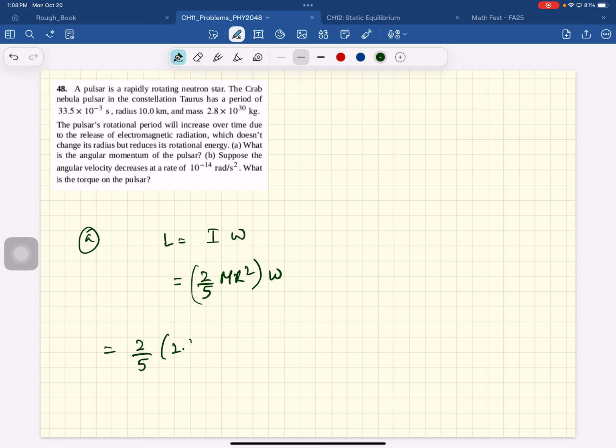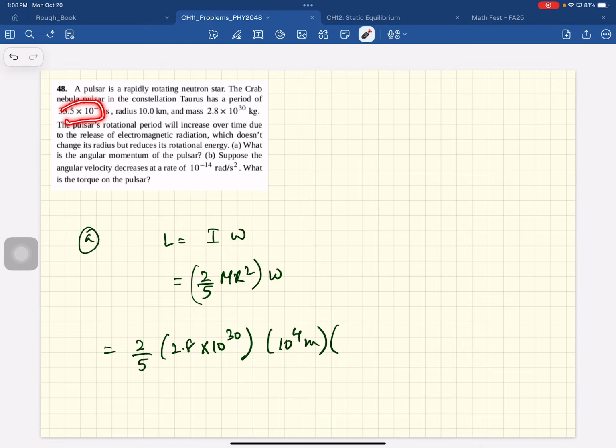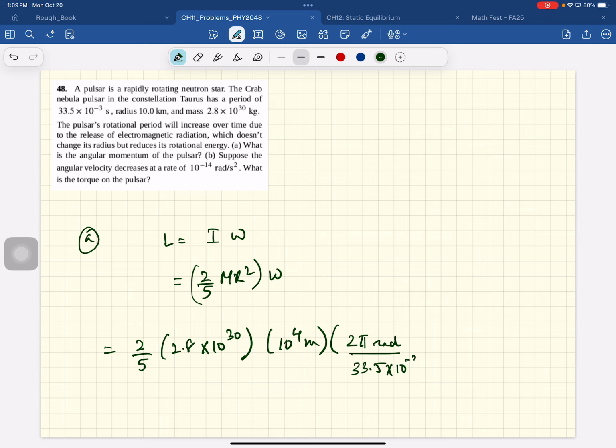The mass is 2.8 times 10 to the power 30 kg. The radius is 10 kilometers, 10 to the power 4 meters. The period is that many milliseconds, and you have to get the angular speed in radians per second. So it's 2 pi radians, and the period is 33.5 times 10 to the minus 3 seconds. So that's the angular momentum of the pulsar.